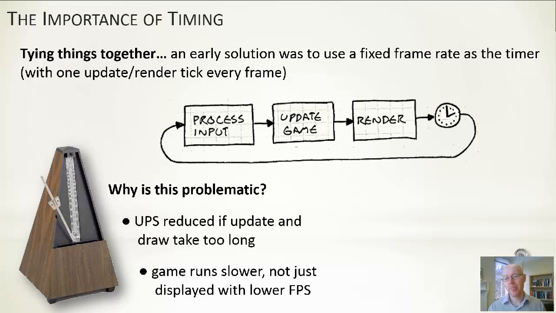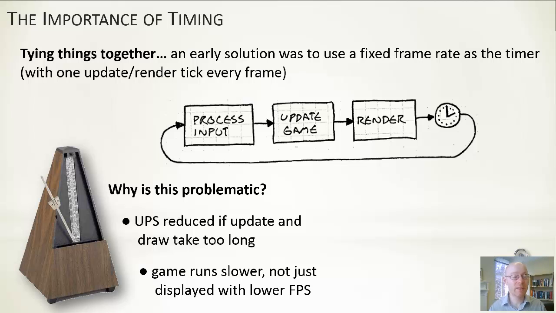In particular, if we assume 30 updates a second is what we're targeting, but we have a lot of fancy graphical effects, so we're not able to do this and we're only getting 20 updates per second, then the problem with the approach we have there is that it's not that the game is running at the same speed as before and the frame rate's just a bit lower, but the whole thing is running slower. We're doing fewer updates, we're doing fewer renders.